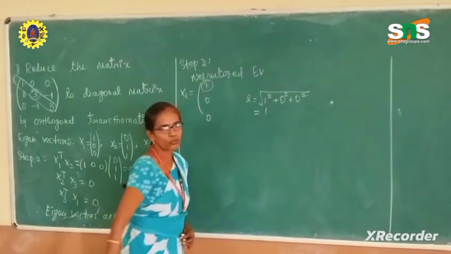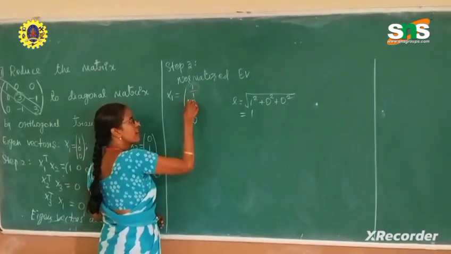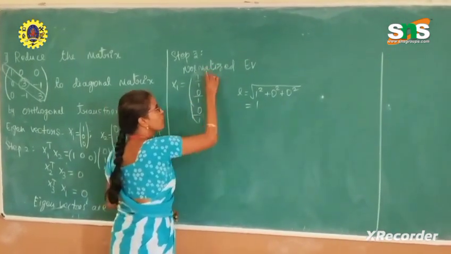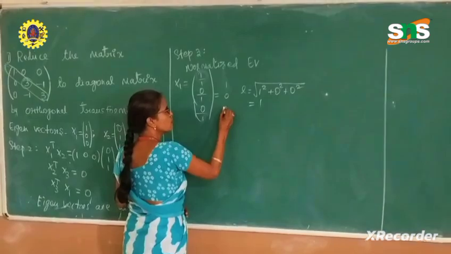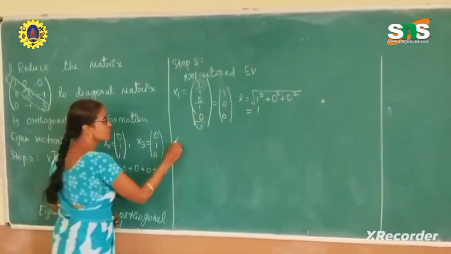Then we divide each element by L, so 1 by 1, 0 by 1, and 0 by 1. Finally we get 1 0 0, so there is no change in x1.